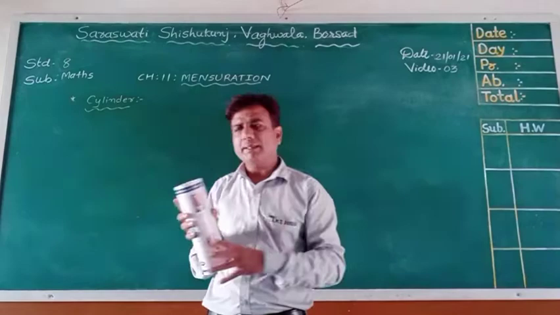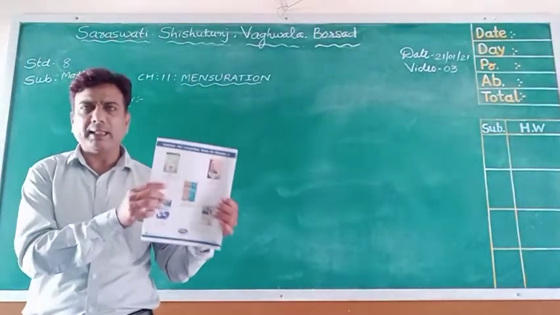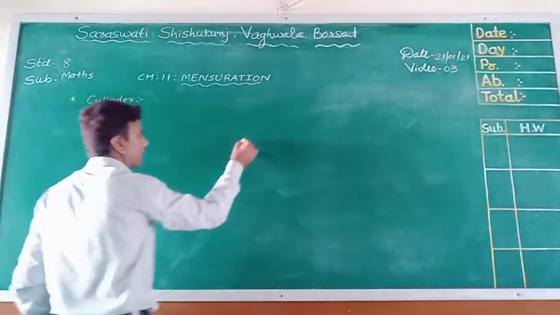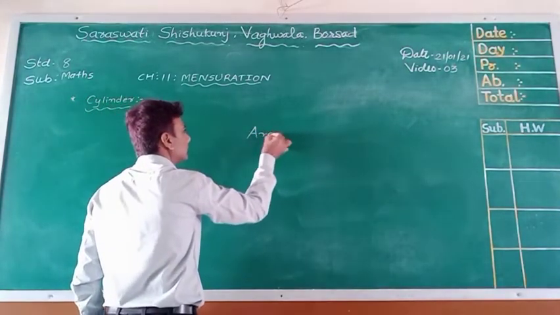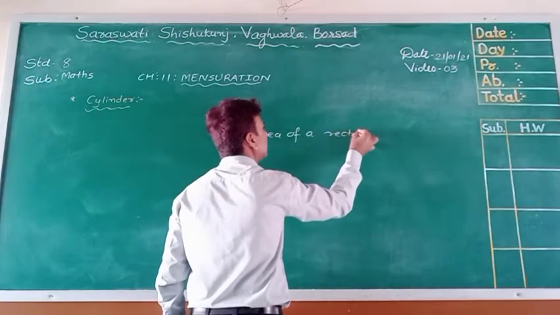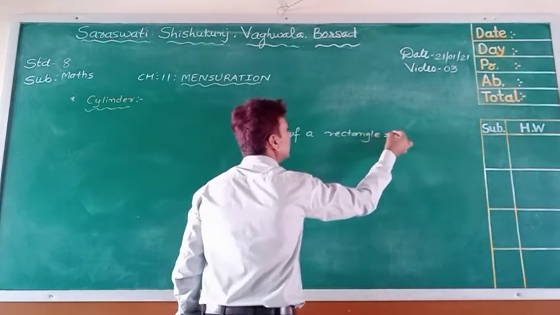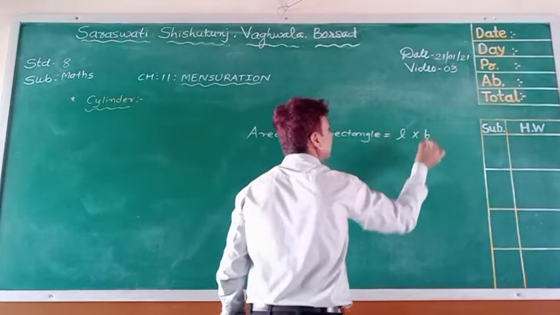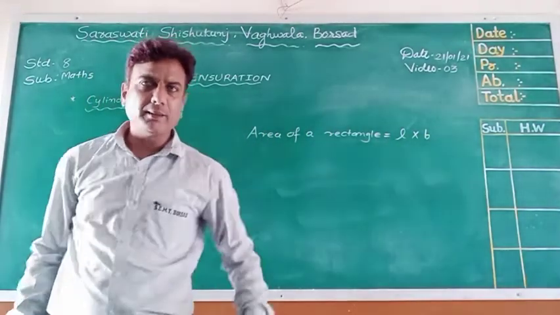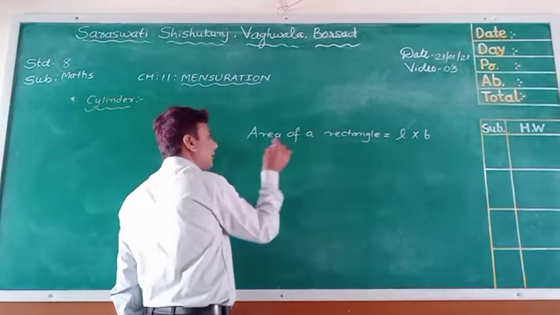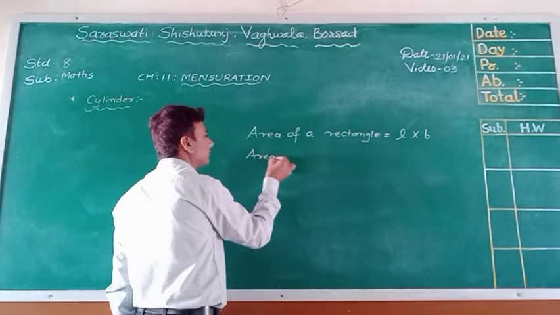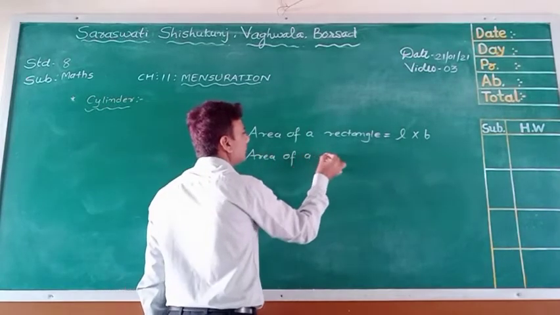So simple, same formula. See, when it was in rectangle shape, we know the area of a rectangle equals length into breadth. We know this formula. Area of a rectangle equals L into B. But now I convert this rectangle shape into a cylinder. See, area of cylinder.